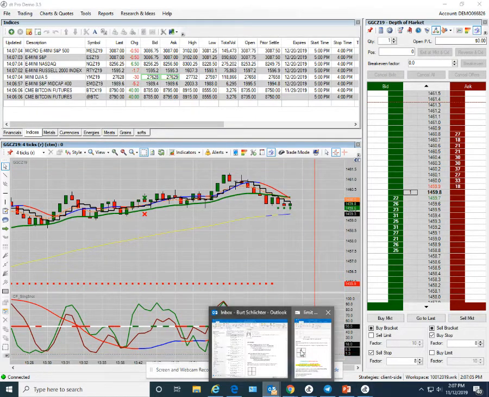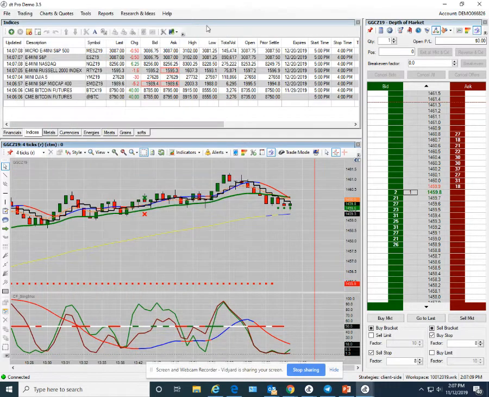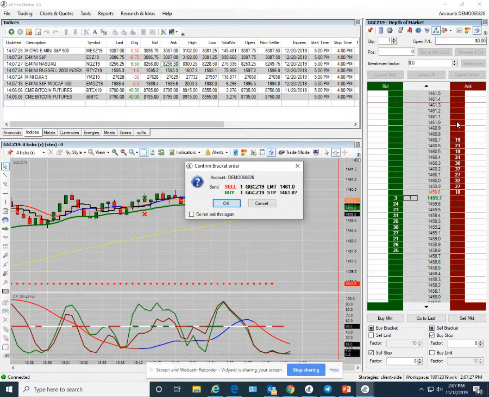Now we're going to focus our attention on the sell side. On the sell side, we're left and right clicking in the red. If we're going to try to sell at the current market price or higher, maybe at a better price up at 1461, we left click in the red.